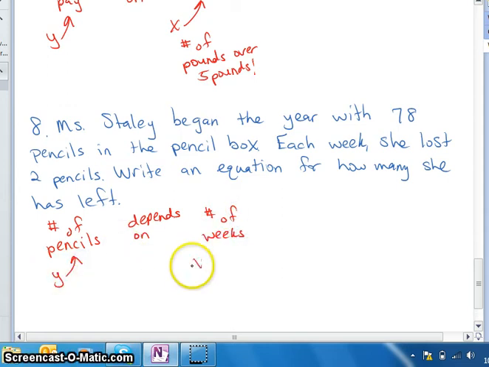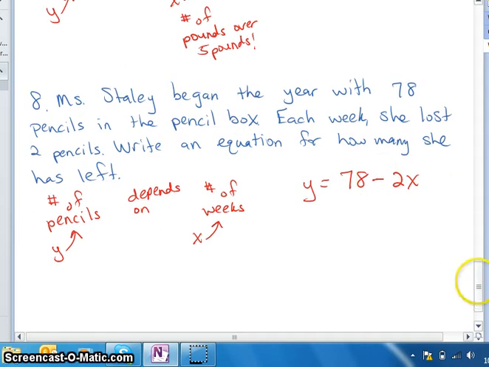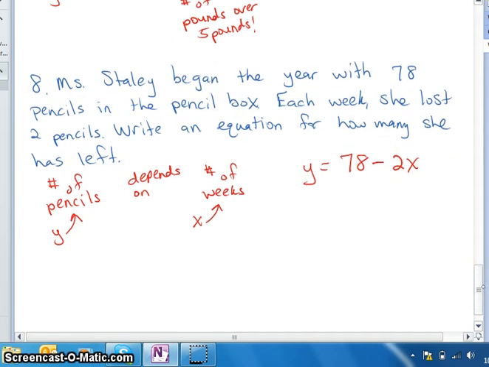Y depends on X. And it's always Y depends on X. So my total number of pencils is going to be however many I started with minus 2x. And it's minus because I'm losing pencils, right? I'm not gaining them, I'm losing them every week.